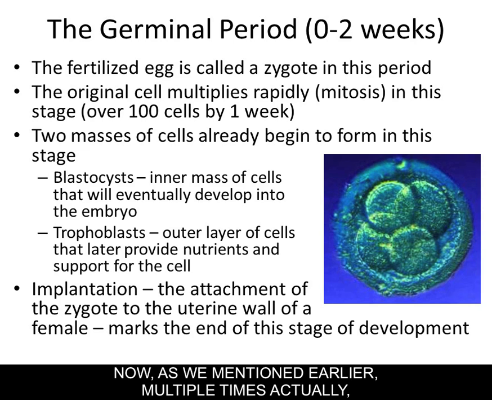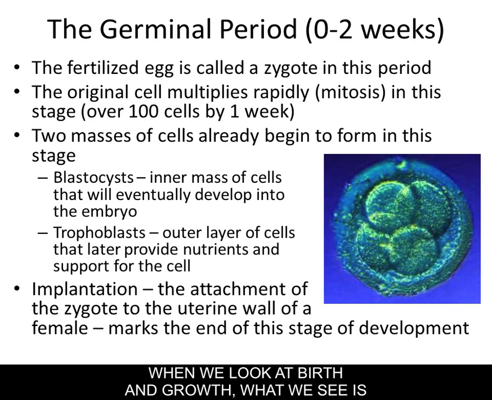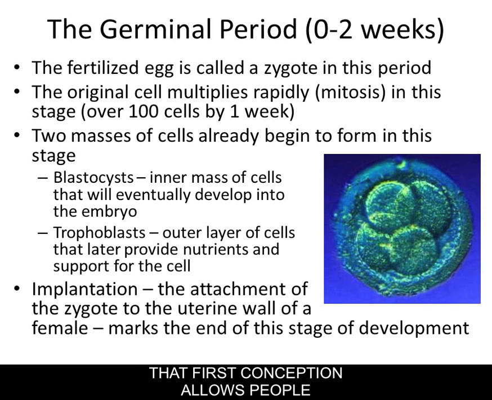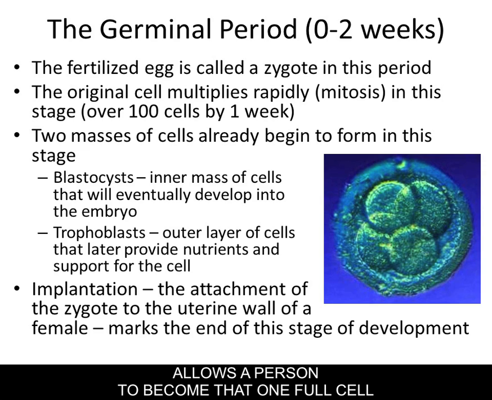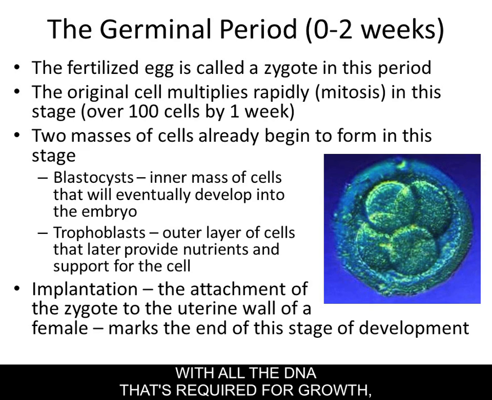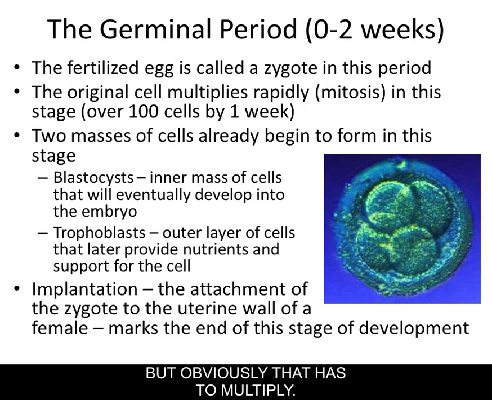Now, as we mentioned earlier, multiple times actually, when we look at birth and growth, what we see is that first conception allows people to actually create that zygote. So the merging of those two germ cells allows a person to become that one full cell with all of the DNA that's required for growth. But obviously, that has to multiply.